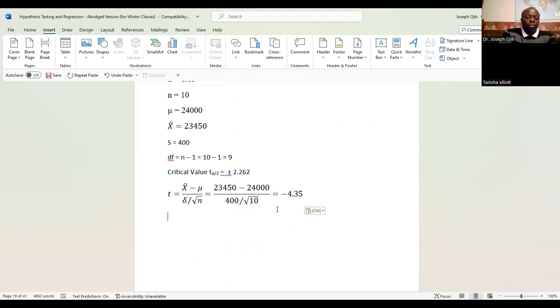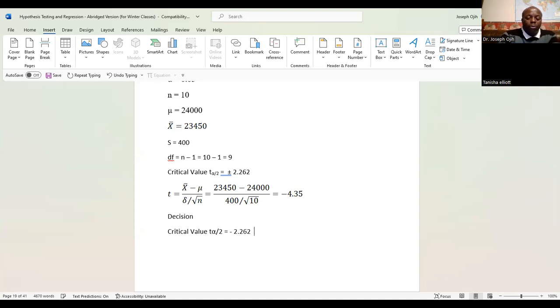Now let's make a decision. Our critical value, T alpha over 2, this is the two-tailed test, equals negative 2.262.